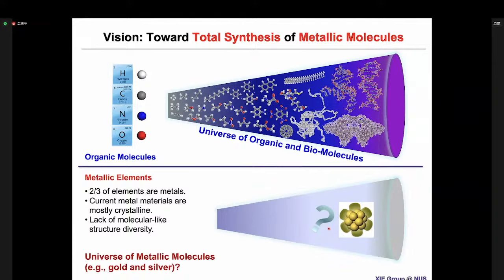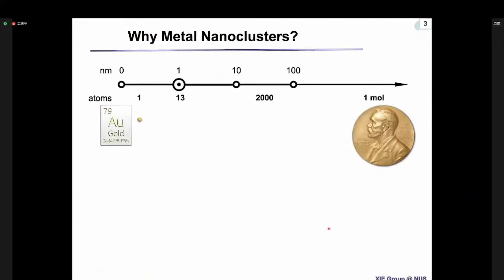This metallic molecule is similar to our organic molecules. For example, they have molecular structure, they have molecular formula, and more importantly, they have molecular properties that we can use for different applications. Why are we interested in these particular molecules, or what we call metal nanoclusters?